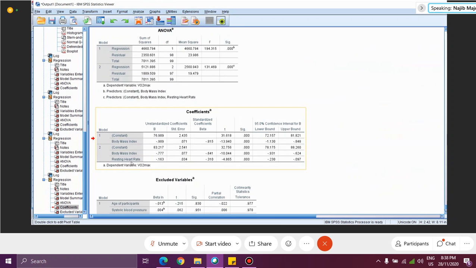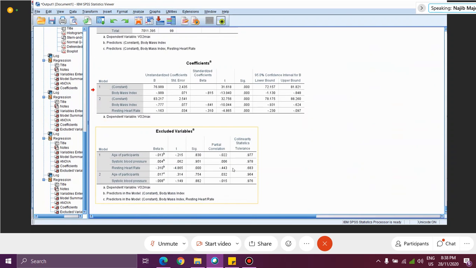The next one, resting heart rate, is included, right? Then it stops at model number 2, because by adding another variable, the variable becomes not significant. Similarly, the forward method retains these two variables, BMI and also resting heart rate.